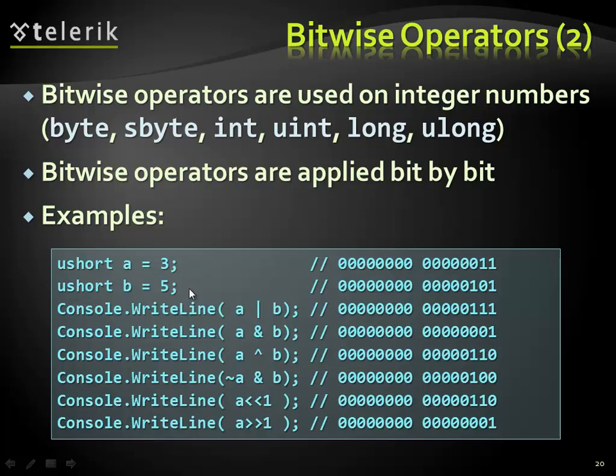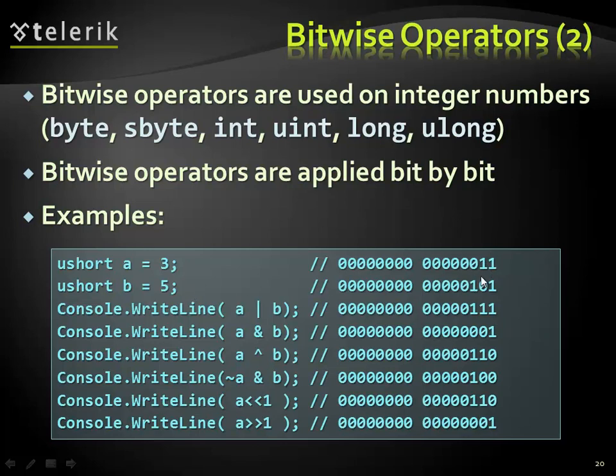So if we have numbers here, and we are doing any bitwise operation, any of those operations that we've seen in the previous slide, they will have an effect on each of the binary digits of the number.